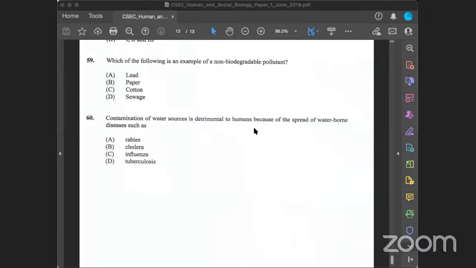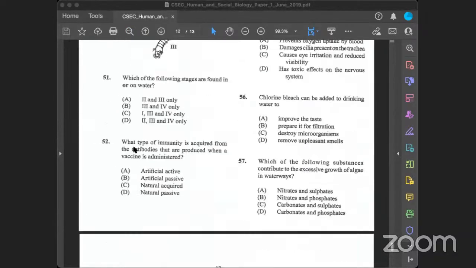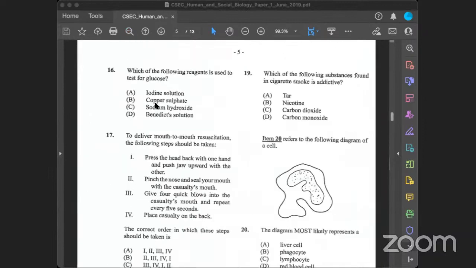So somebody must have some sort of contact with feces, and then the feces somehow end up in drinking water. All right, good. So B, cholera. Good. So we have that done and dusted.